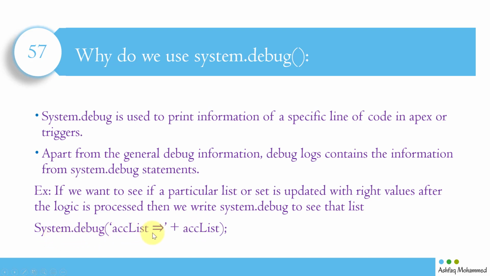For example, I'm getting an error on update of this ACC list. Before that, I want to see what is there in ACC list, whether my logic is populating some values in this ACC list or not. For that, I need system.debug. So this will help you print more information in the debug logs.